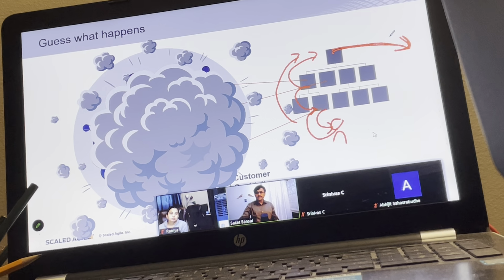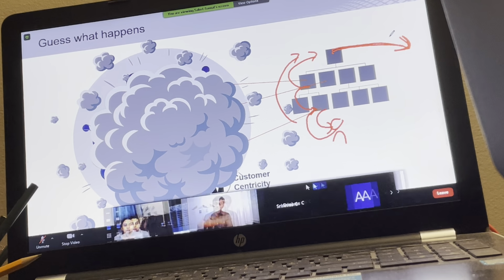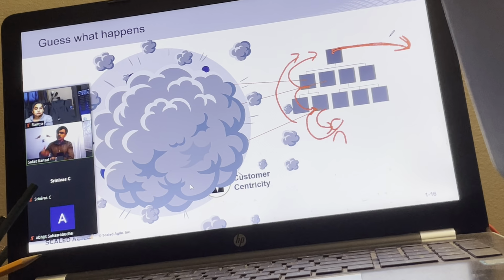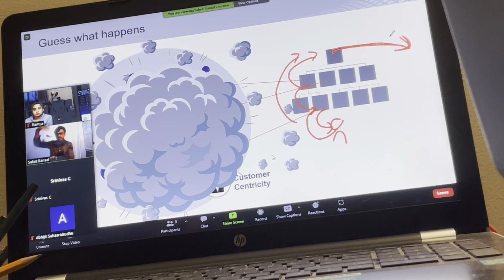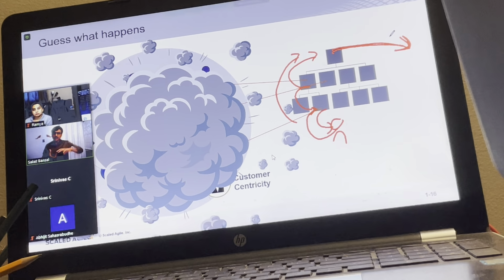So many times the hierarchical organization ends up sensing the market trend late. They end up responding to the customer requirement very slowly because there is a lot of information delay, and noise also gets added from information moving from the lower to the upper level.